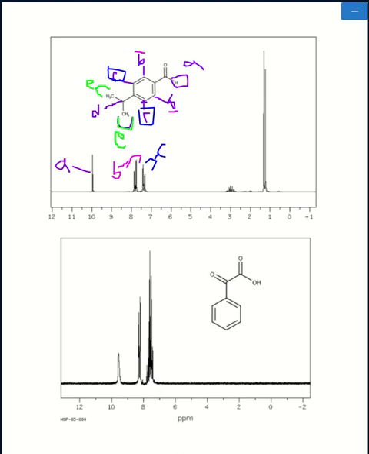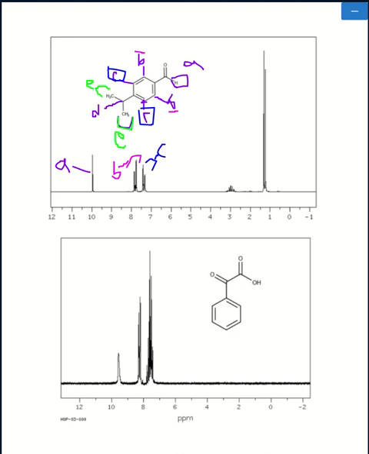Now, the last 2 peaks on the right, they essentially follow the n+1 rule. So let's look at environment D. Environment D is 1 proton, which is connected to 2 other carbons. And those 2 other carbons each have 3 hydrogen.